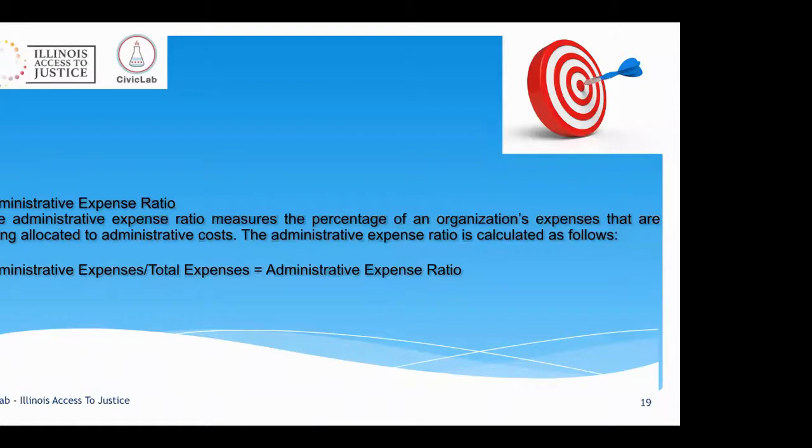The reason it's important to think about that is because funders don't want to fund the extant administration. They want to fund the particular project or program. They want to know that their money is mostly going to that, and that this is an efficiently run organization or operation. So that administrative expense is something to consider when you're putting your program budget together, that you do not go over those threshold amounts.